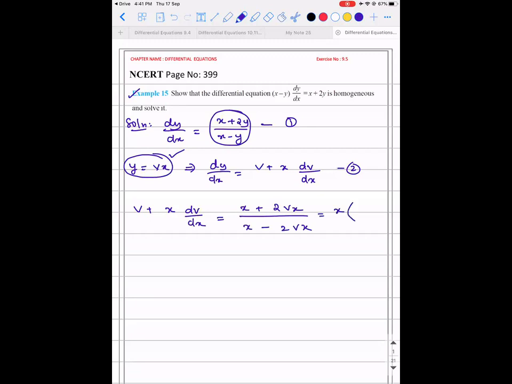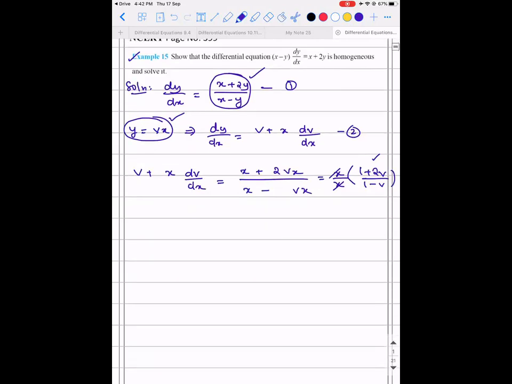What is common? x divided by x into 1 plus 2v divided by 1 minus v. Now observe, from 2 variables, we have converted it to 1 variable. That is the reason why we are doing it. Sir, in the denominator, it is x minus 2vx, no, sir? No, there is no 2. It is 1 minus v. Now I hope you are able to understand why we are following this method. Now we can do the rearrangements that are needed.